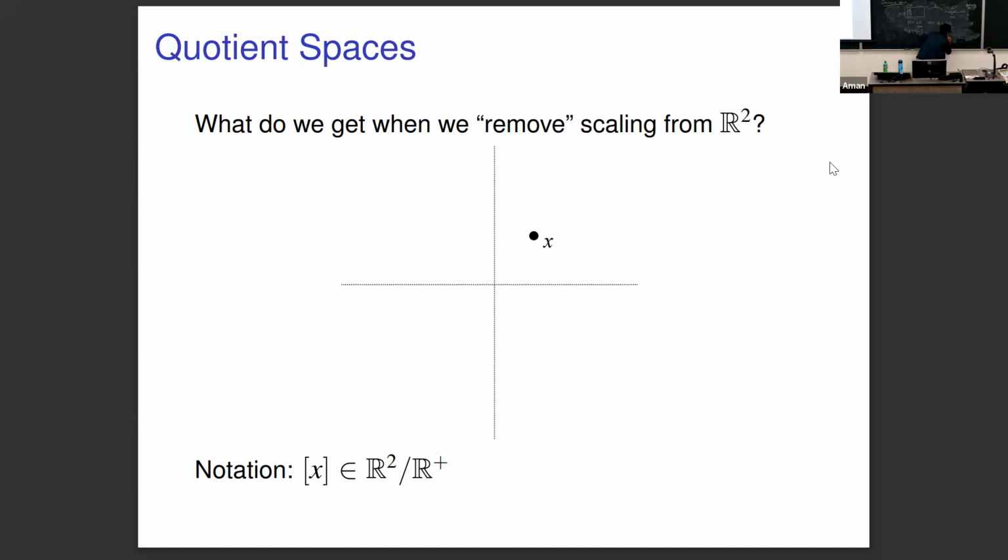So there's a quotient space topology. Right? So this is just an abstract example.